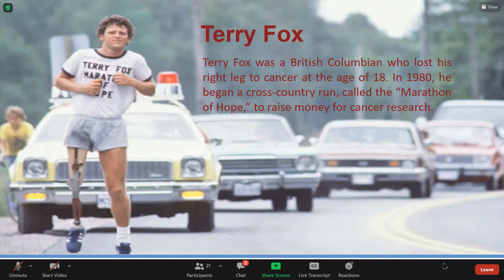He was on his way back to BC, with only 30% left to cross, but he wasn't able to complete it. And then after, I think, a few months, he passed away. So he became a huge symbol of determination, kindness, hope, giving, love, and unity. And he was just a kid, 18 years of age.